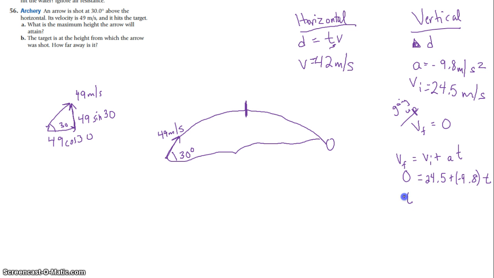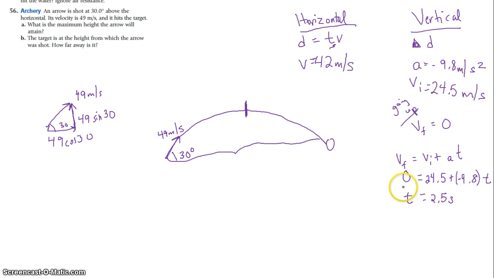And if we solve that for t by dividing 24.5 by 9.8, we should get 2.5 seconds. And if you have your signs right, that time should be positive.